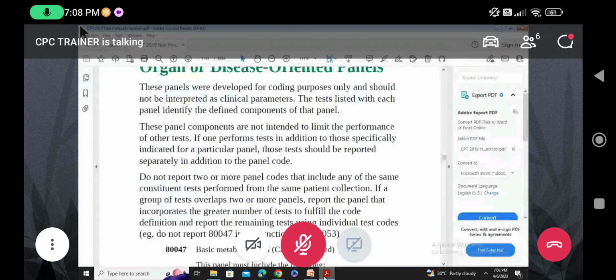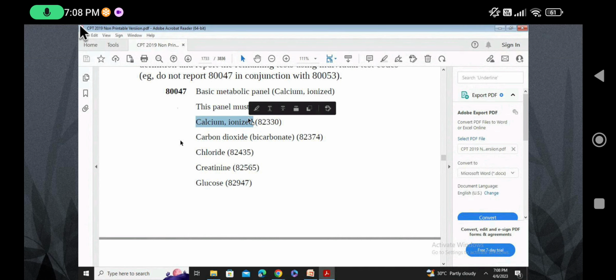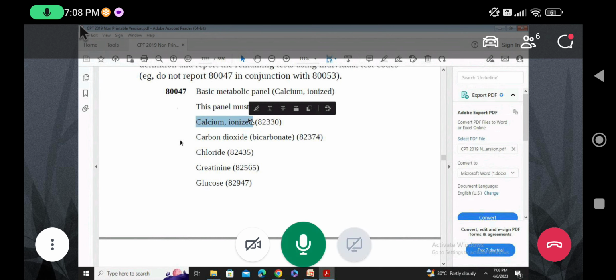Okay, we will do. For example, 80047 has minimal tests. So one by one we have to check. The first test, calcium ionized. Guys, please check whether the calcium ionized is given or not in 80053. No, sir. Calcium total is given. So calcium ionized is not given, right?